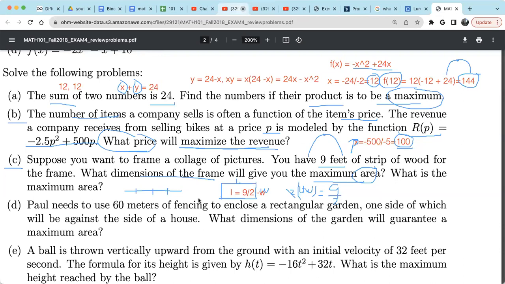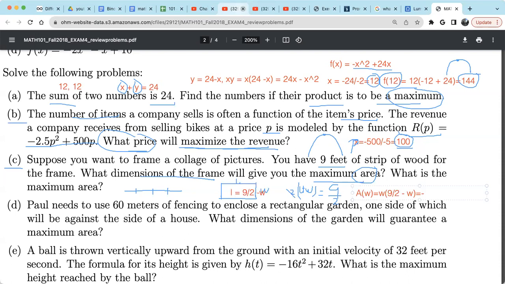Because L plus W equals 9 over 2, L equals 9 over 2 minus W. Now talking about the area, I can form an area function. Let's call it A. A depends on W because we can substitute L. The area equals W times the length, and the length is 9 over 2 minus W. You see we have formed the function.